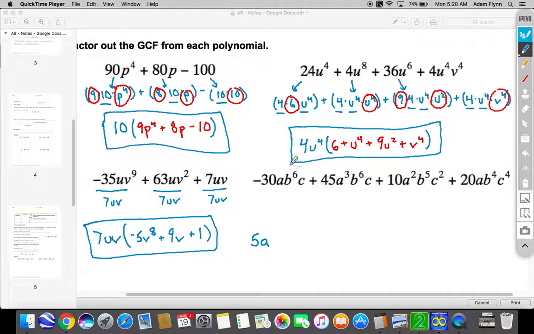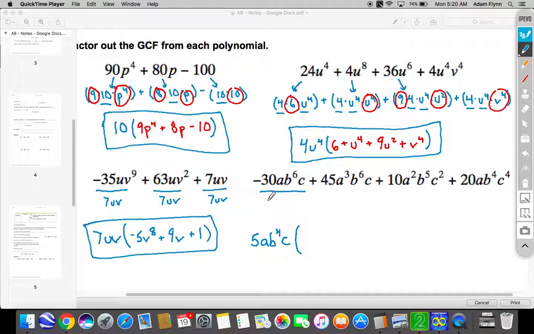On to the B's. I've got 6 here, 6, 5, and 4. So I know all 4 terms have at least 4 B's. And I have 1C, 1C, 2 C's, 4 C's. So I know all 4 terms have at least 1 C. So I know my greatest common factor is 5ab to the 4th c.